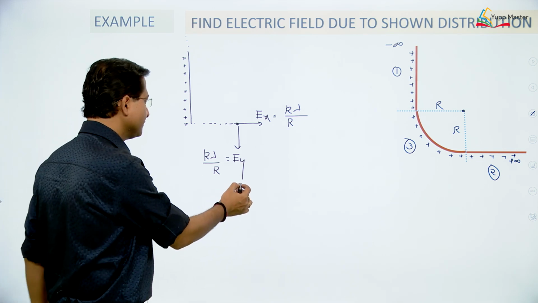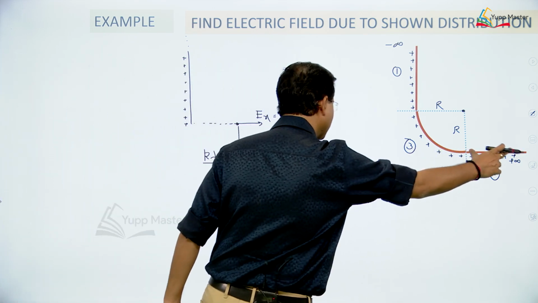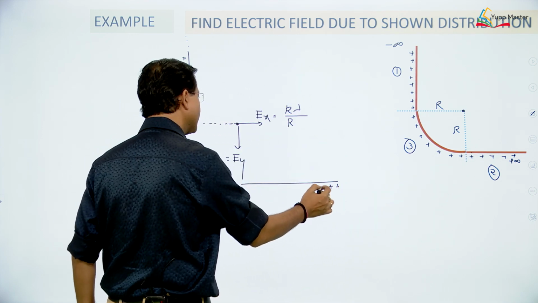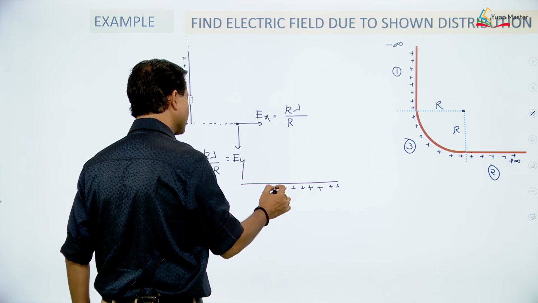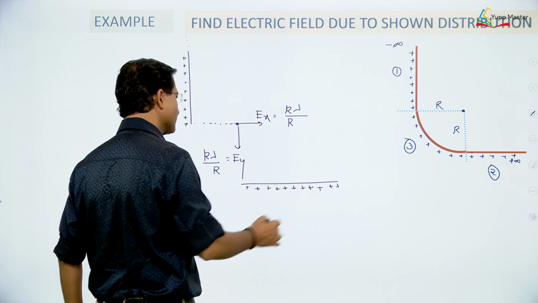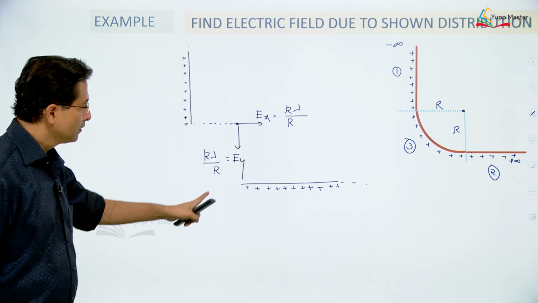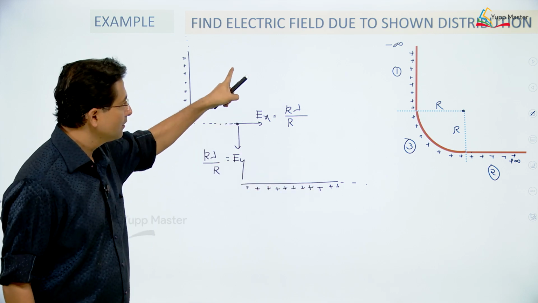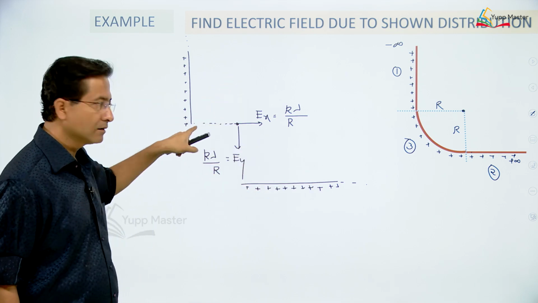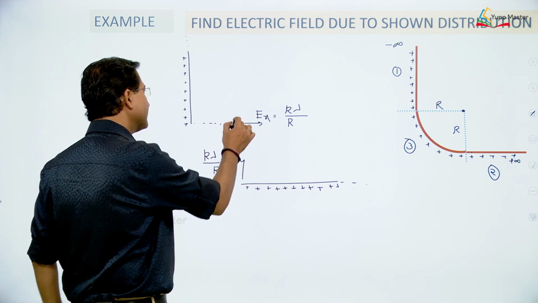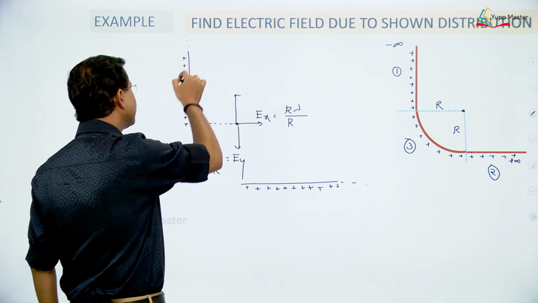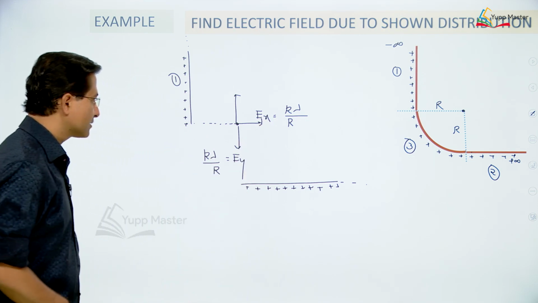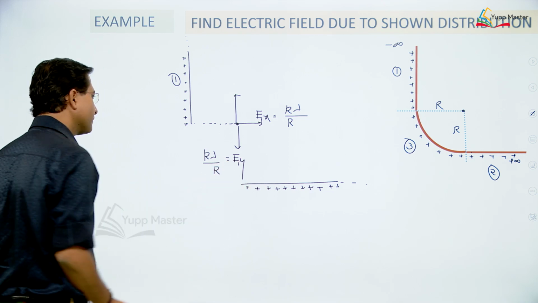If I take this segment which is going till infinity, this segment will have one x component away and one along. So away, again the same way, let this be created by the first segment, I will call it E1x and E1y.